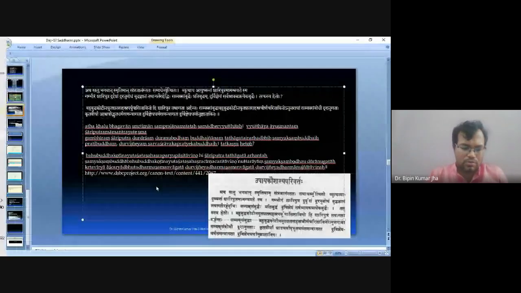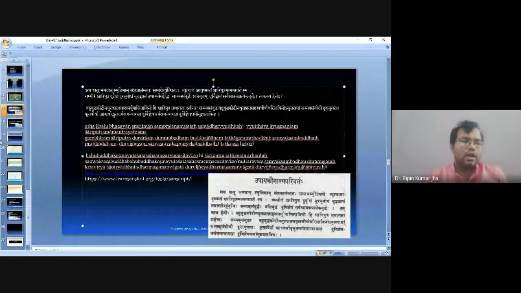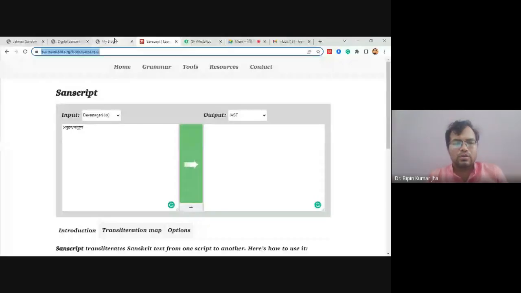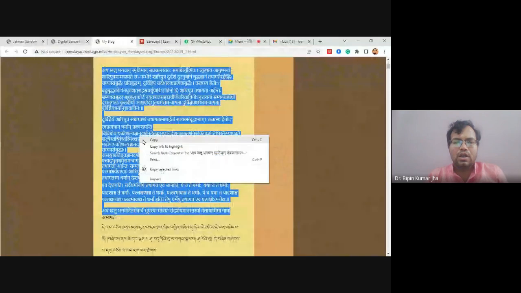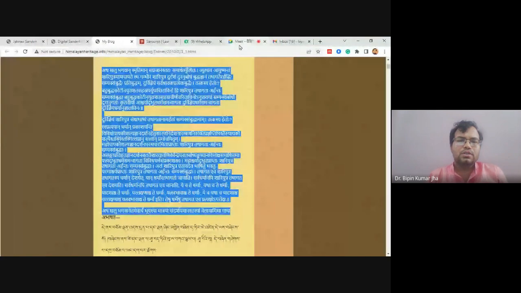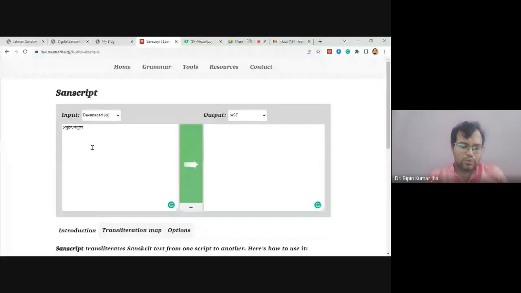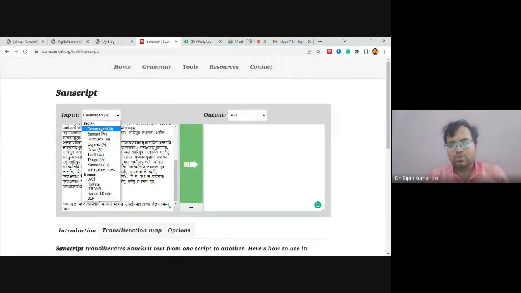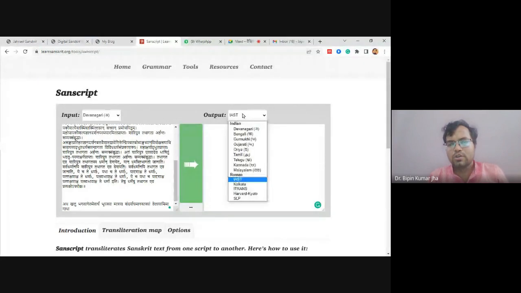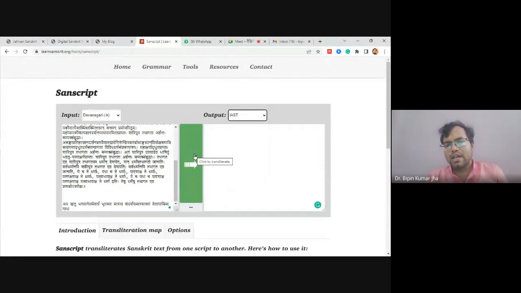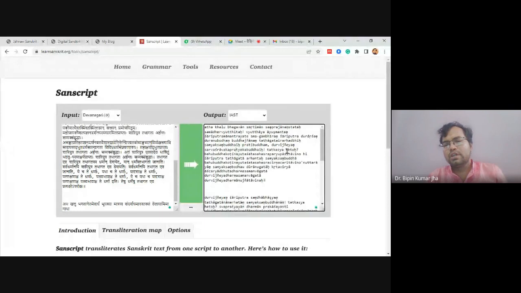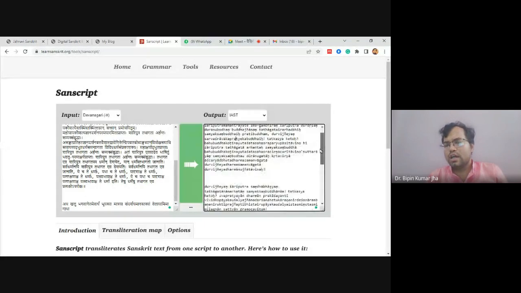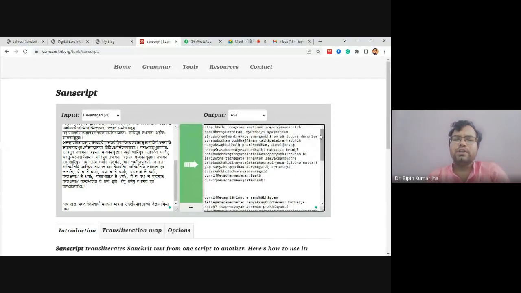I am putting the tool here, and you can copy it and put it on this side. It is of course Devanagari, so you need to select Devanagari, and here you can opt for I-A-S-T, and you get the diacritical form. In transliterated form, it will be easy to read.